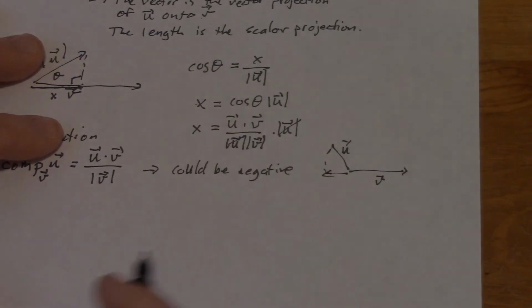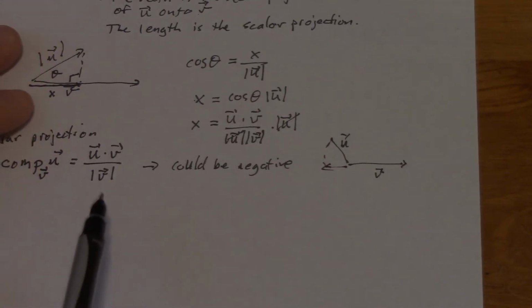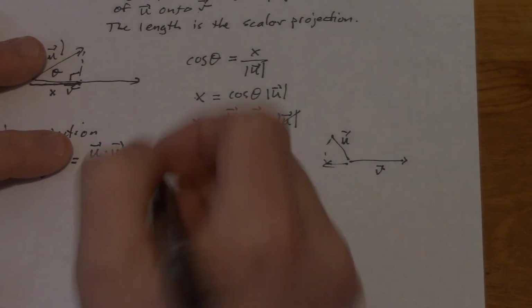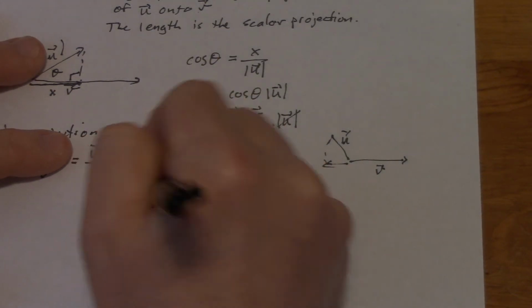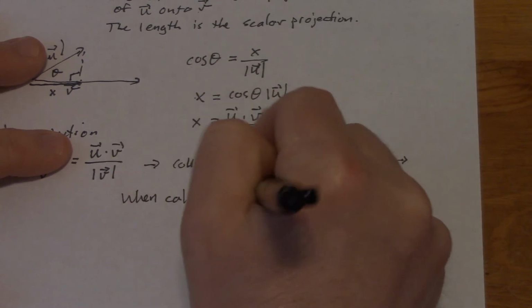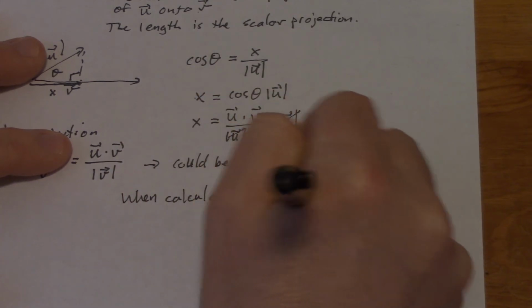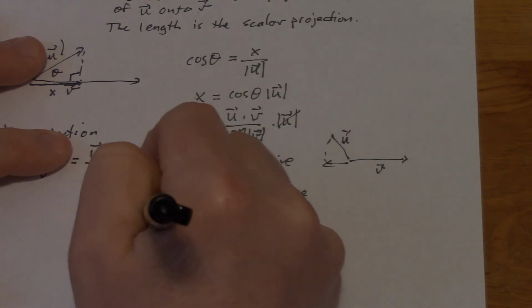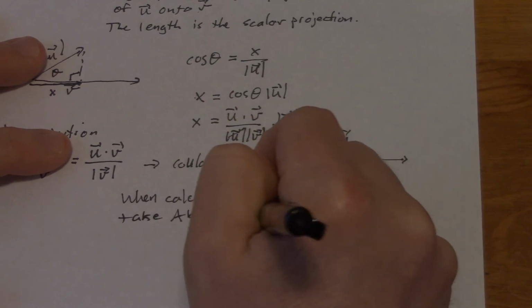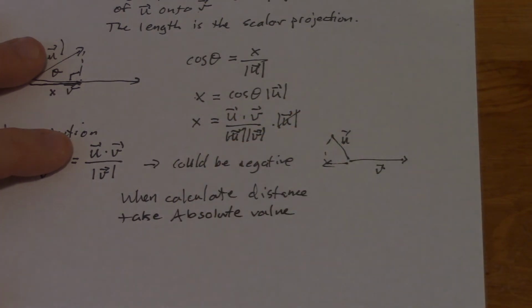Okay? We're going to be using this a lot to find distances, and we'll do that later. But what we want to note is when we calculate distance, we're going to take an absolute value. Okay, and that way it'll be positive.